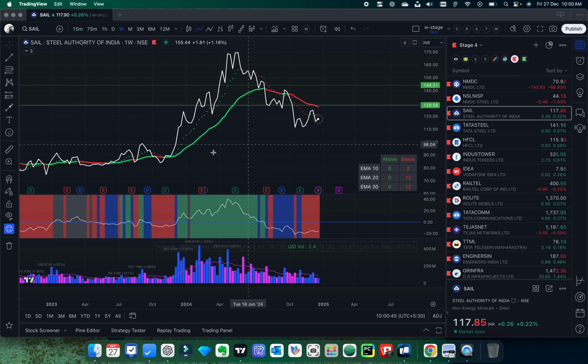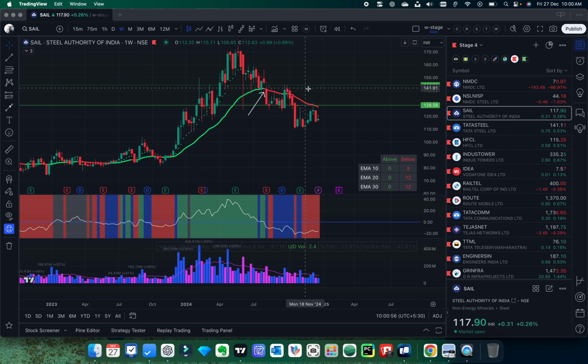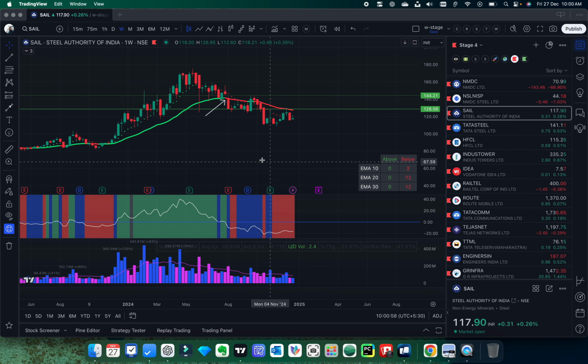Sell, uptrend, broke down, exit. So ideally what we should do is we should wait for the structural breakout. So like here it broke the structure and the moving average become flat.